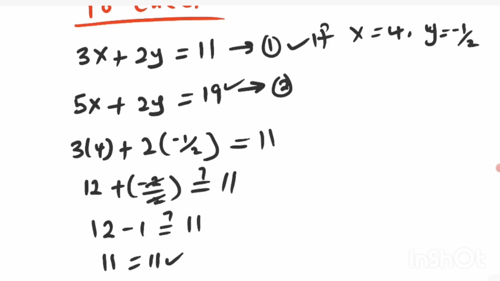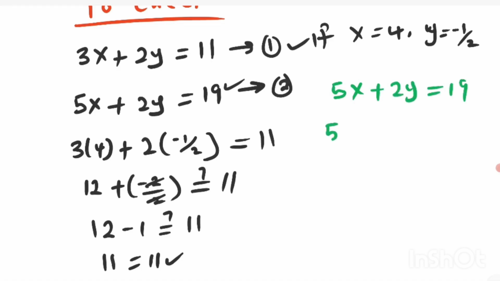Let us consider this. Then 5x plus 2y equal to 19.